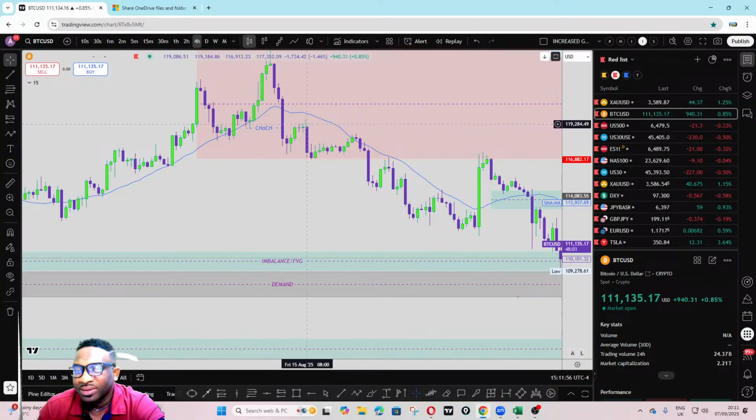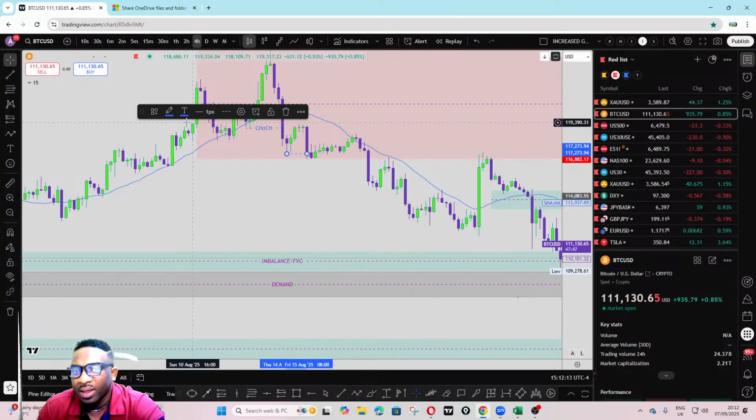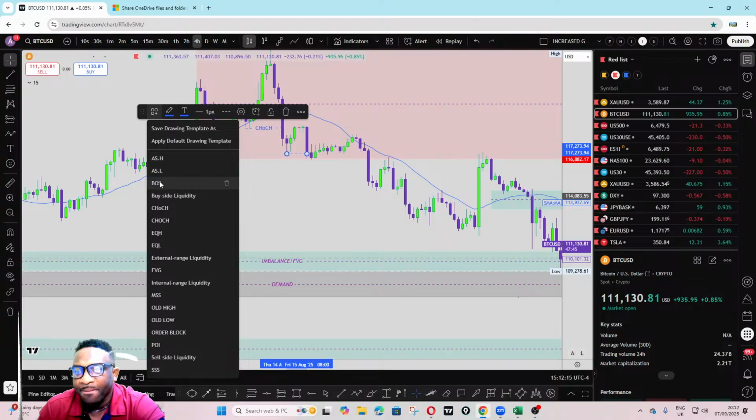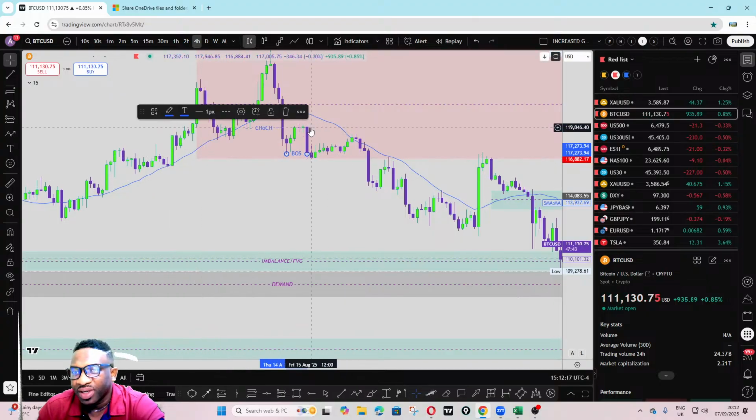Price came back, tapped into this area, and sold off again. Then we broke below this structure, causing a break of structure here as well, and price traded into this liquidity area and sold off.